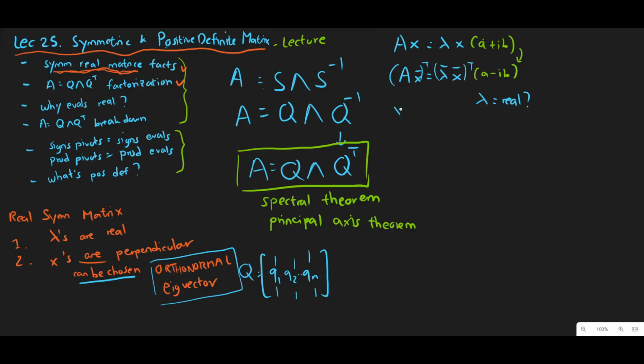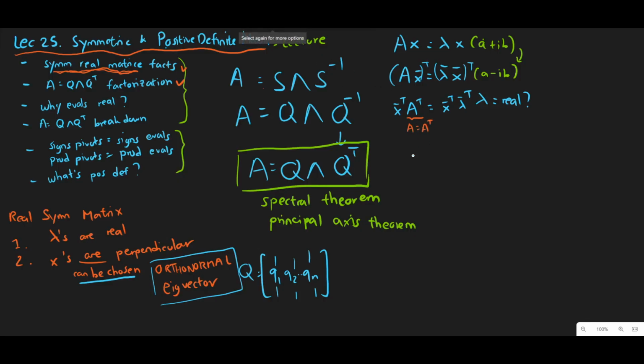So you have x bar transpose A transpose equals x bar transpose lambda bar. But now our A is symmetric, right?